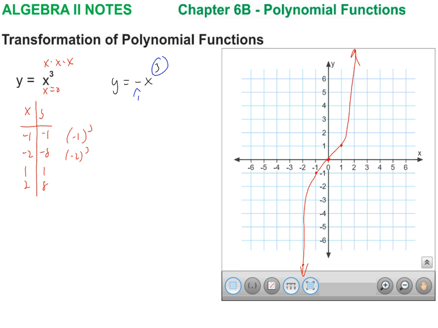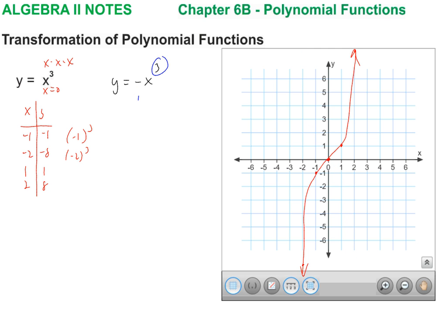So this is basically this function flipped around. It's that function reversed, okay? The negative, and it's going to end up negative, and because it's an odd power, it's got to start and end differently, so it would go like that.